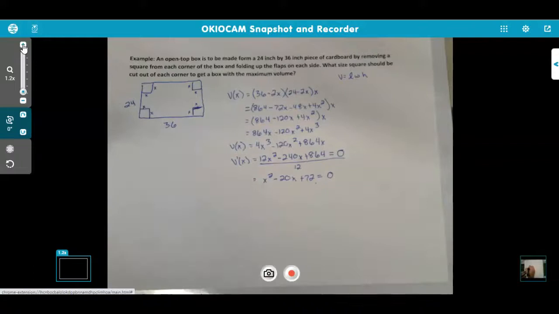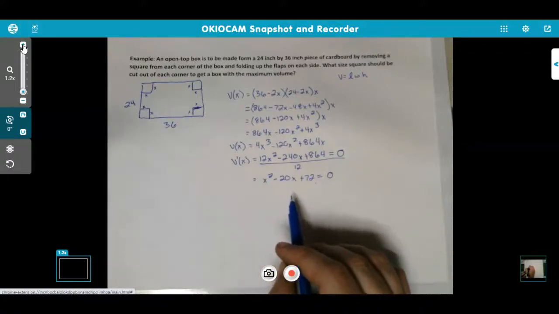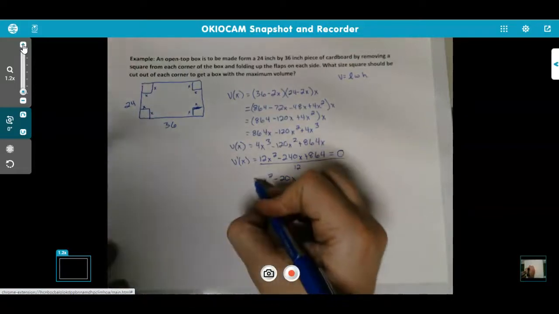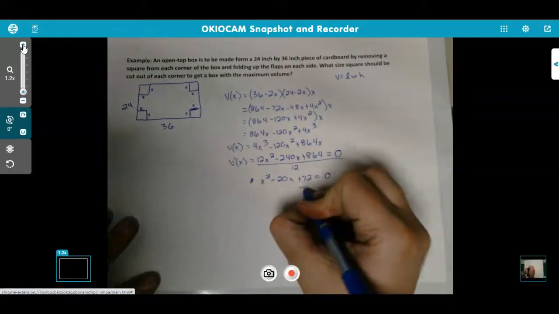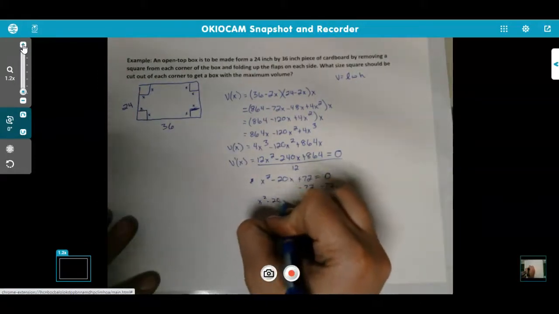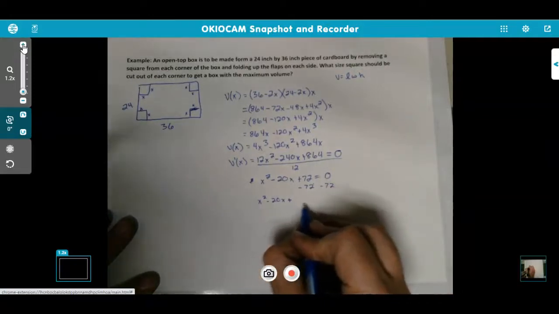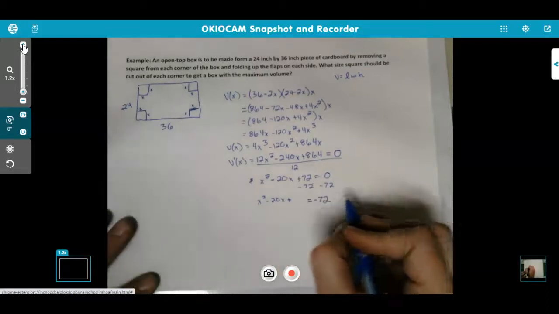So I need to solve this some other way. There are a lot of ways to. The way that I really like is by completing the square. How I do that is I bring my constant over to the right side. x squared minus 20x plus, and the whole point is I want to add my own third term to make this a perfect square.